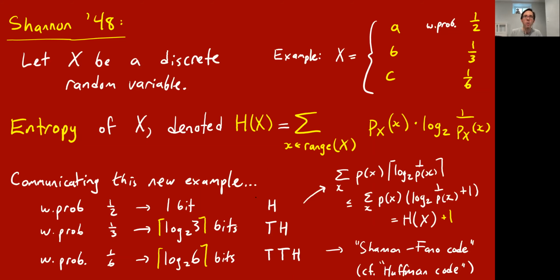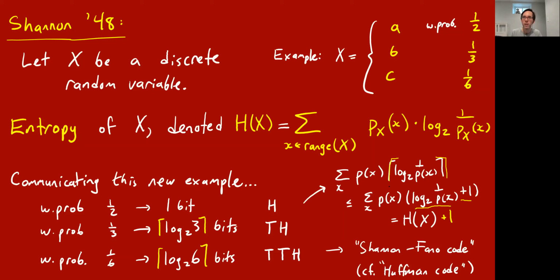So in general, how many bits do you use on average if you try to store your draws from your random variable, or communicate draws from your random variable, in this way? Well, it's the same formula, except you have this ceiling in here. And this ceiling is at most what you get if you take the actual real number and add 1 to it.